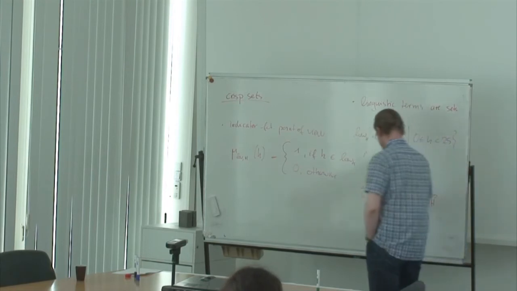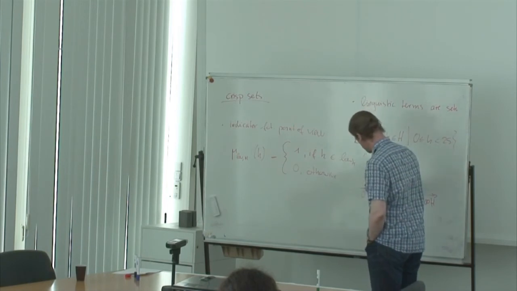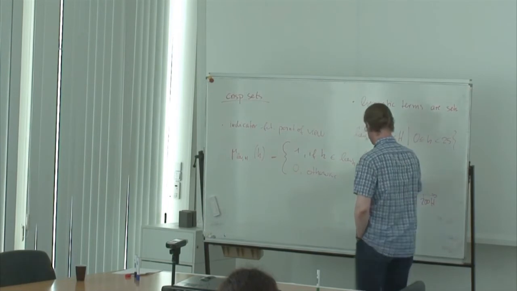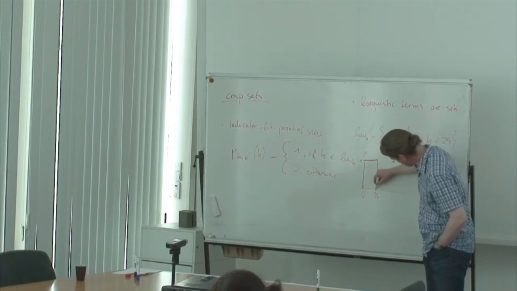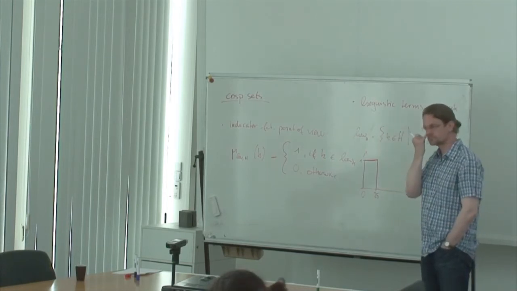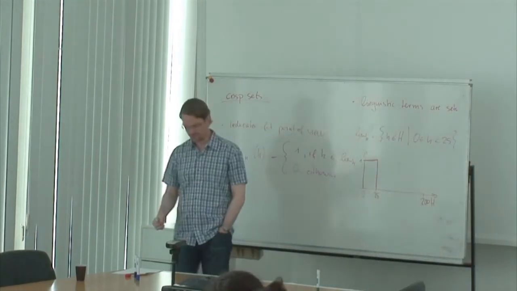So here is 25. So this function looks like this. It's a rectangle impulse. It's a rectangle function like so. Here is 1. And for every other value, it is 0. It's a perfectly valid definition of a function.